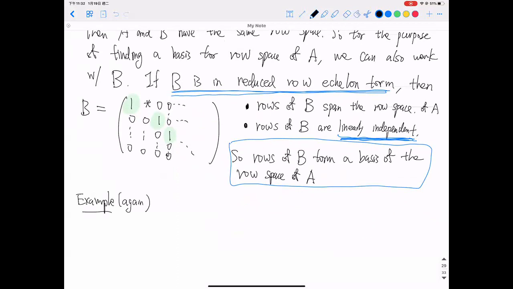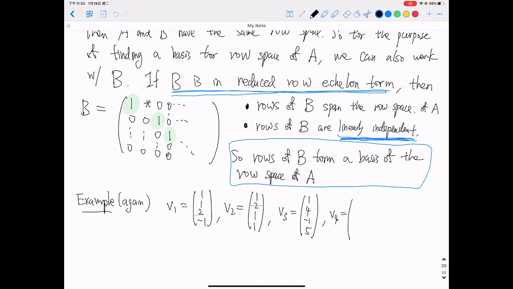Let's take these vectors. V1: 1, 1, 2, minus 1. V2: 1, 2, 1, 1. V3: 1, 4, minus 1, 5. V4: 1, 0, 4, minus 1.